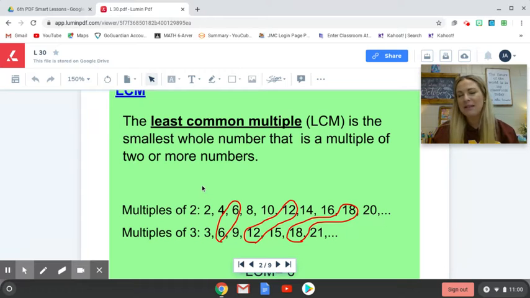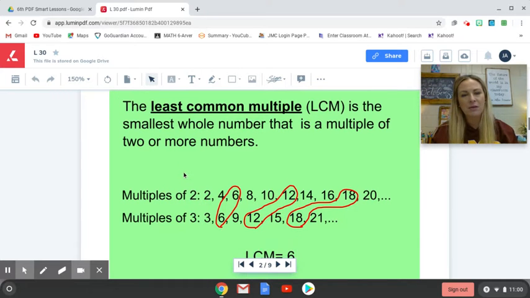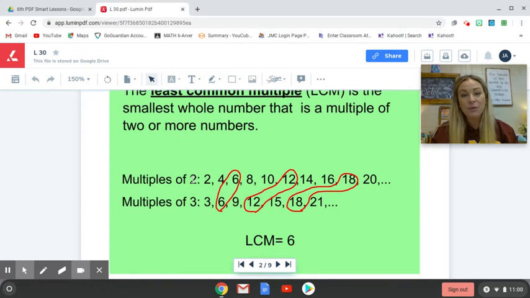Here's an example just to take a look at, not for you to try, but just to look at. We have multiples of 2 listed here. We have 2, 4, 6, 8, 10, all the way to 20. Looks like they've listed 10 of them. And then multiples of 3: 3, 6, 9, 12, and they've stopped at 21. And then here you can see that the common multiples are circled.